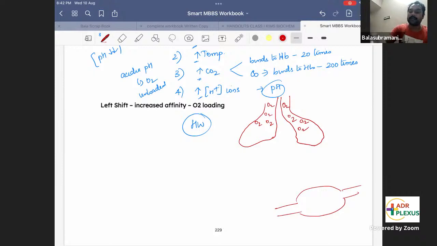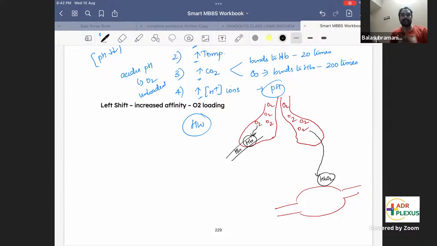Now the blood vessels are flowing in. Hb is here. This Hb binds with this oxygen, the blood gets oxygenated, and this oxygen-containing blood enters into the skeletal muscle.